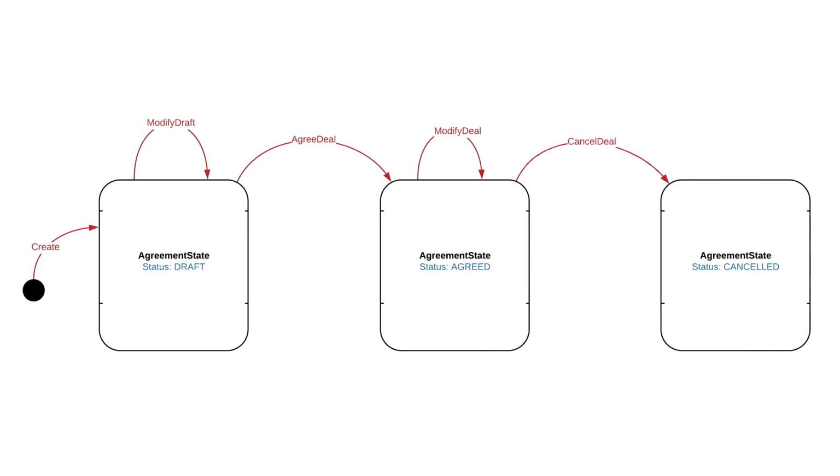At the beginning of the arrow, we're saying this is your input state. At the end of the arrow, we're saying this is your output state. So when we look at this arc, we have an input state, which is status draft. We use the agreed deal command, and then we end up with an agreement state, which is the status agreed. What this gives us is a map of all the different things you can do with this agreement state, how you can move around, and what you're doing when you're moving around.